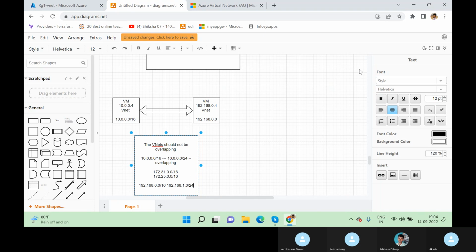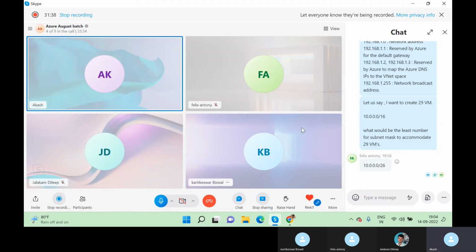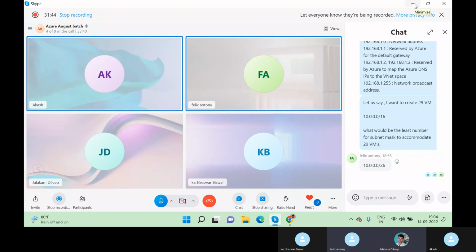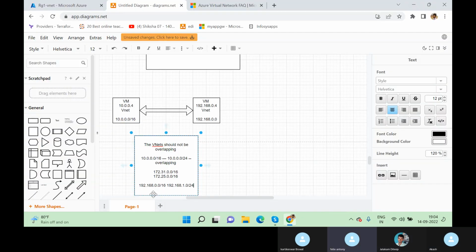Just look into this carefully. 192.168.0.0/16, 192.168.1.0 is actually part of this. So it is overlapping in nature.